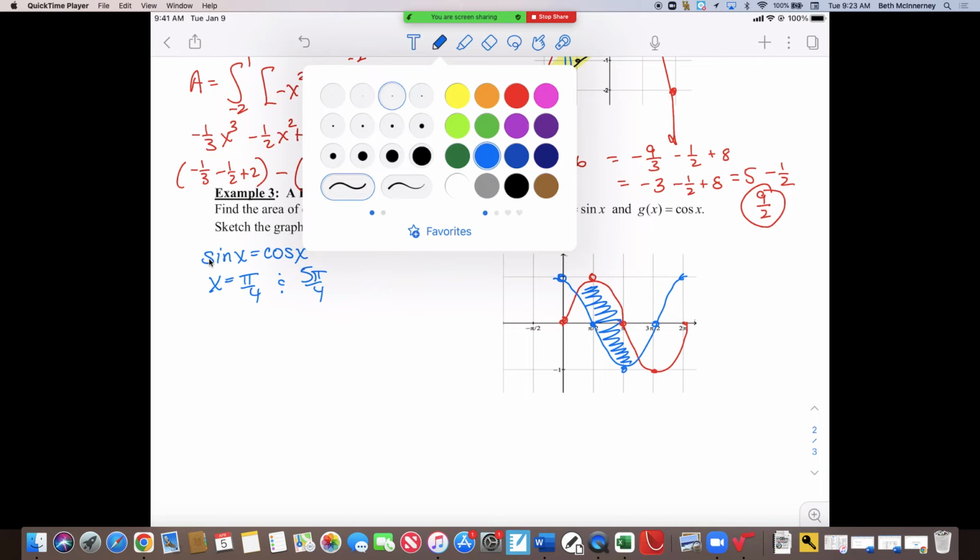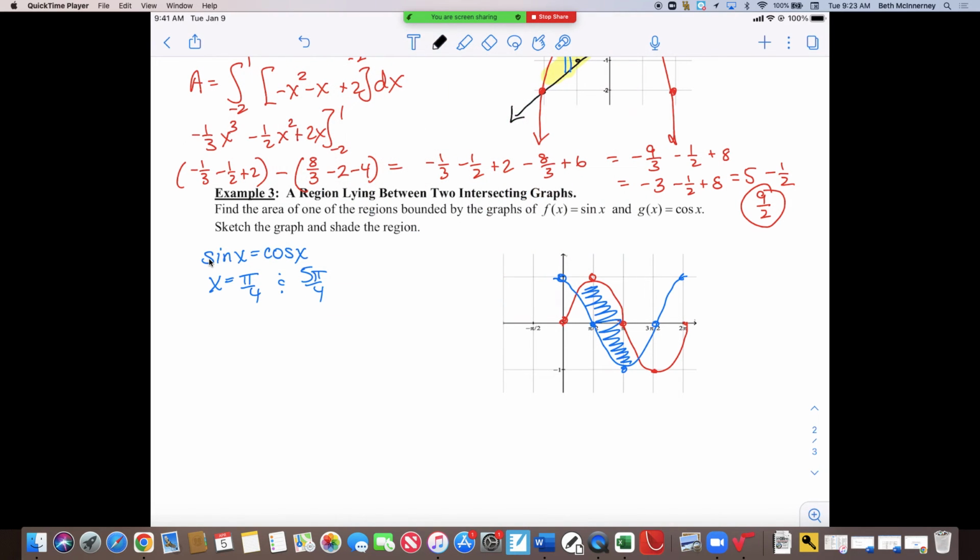So then again, I do want to check that anywhere I try to take a slice, I am going to get a top minus bottom. And I know that may not make any sense right now. It'll make a little bit more sense after we do 8.5 on Thursday. So then go ahead, try and set up your integral, and then integrate.